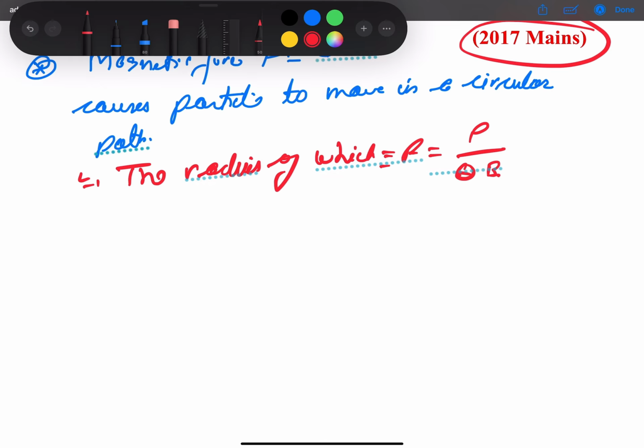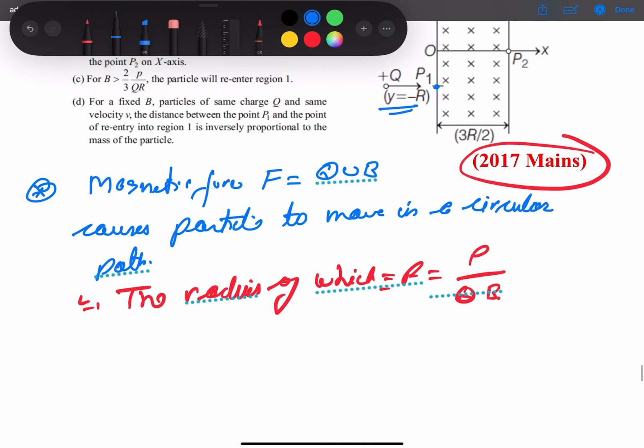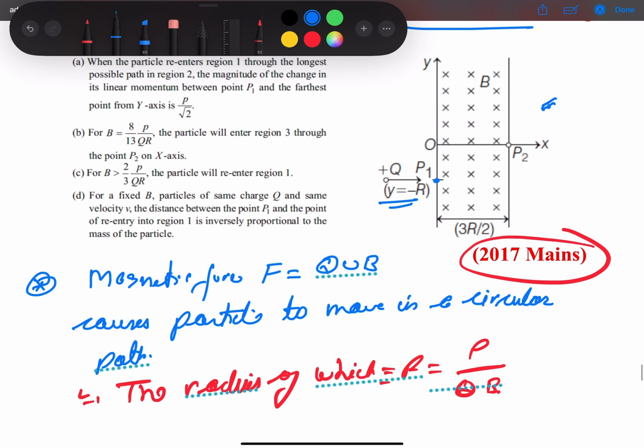Now we are given the boundary condition, and the boundary condition is that when x is less than 0, the magnetic field is 0. Between x equal to 0 and x equal to 3r/2, we have a magnetic field of B, and for x greater than 3r/2, the magnetic field is once again 0.